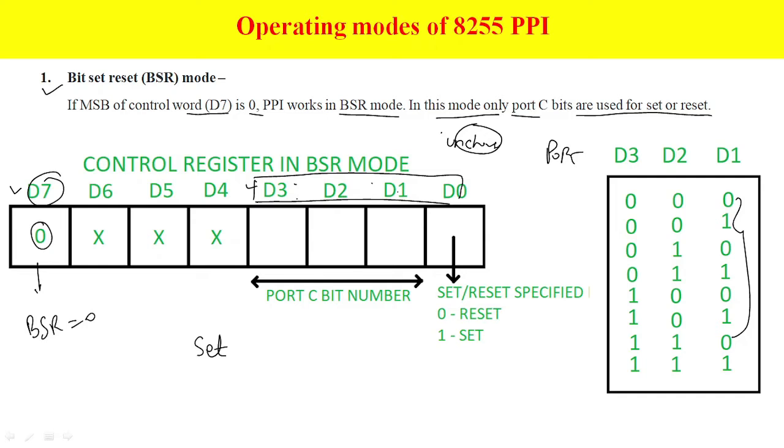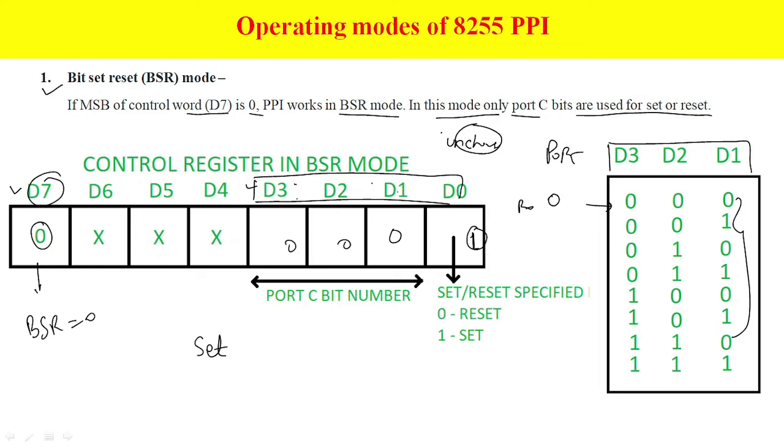So you can see here, if you want to set bit 0 of port C to 1, the value for this control register should be 0, 0, 0, 1. That means bit 0 of port C will be set to 1.